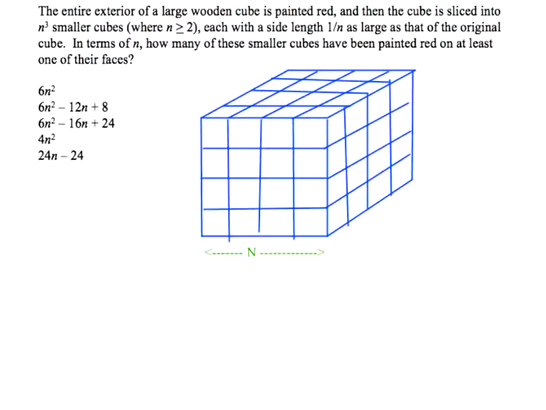Let's talk about how we might divide this up. Because the problem is, you might think it's just 6n squared, you might be like, oh, look, n squared, n squared, n squared, and then you have 6 faces. So A is tempting, but does anybody see what's wrong with A? Chat box.